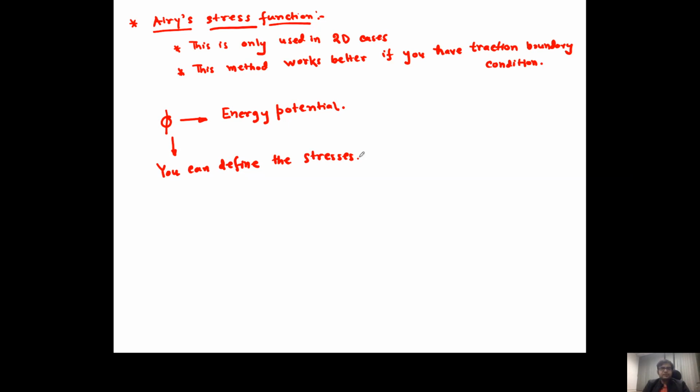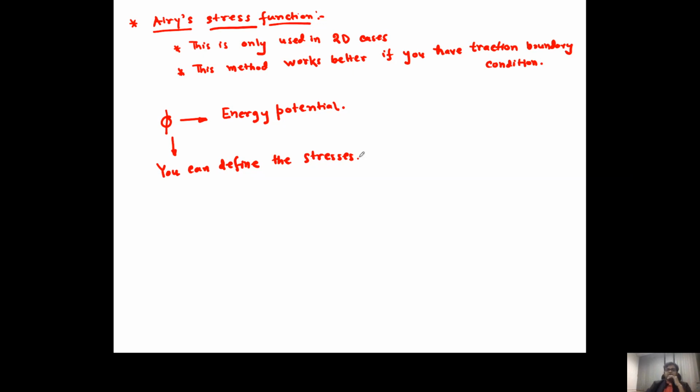No one uses it, but still this somehow lays the foundation for finite element method, because you work with energy potential and all those things in finite element as well. So in that sense, this is still relevant. But when it comes to actual implementation, you will not see Airy stress function, right?